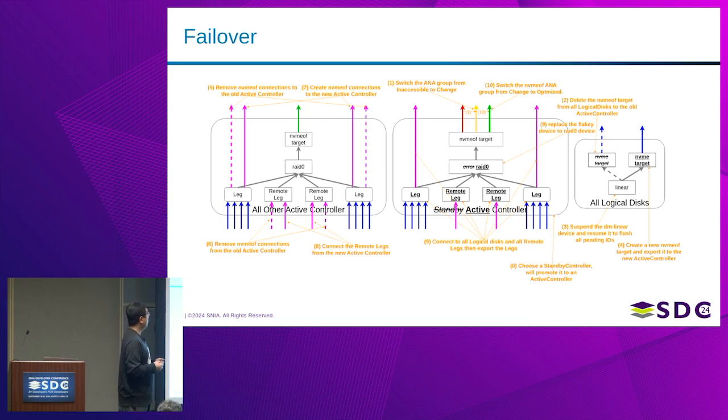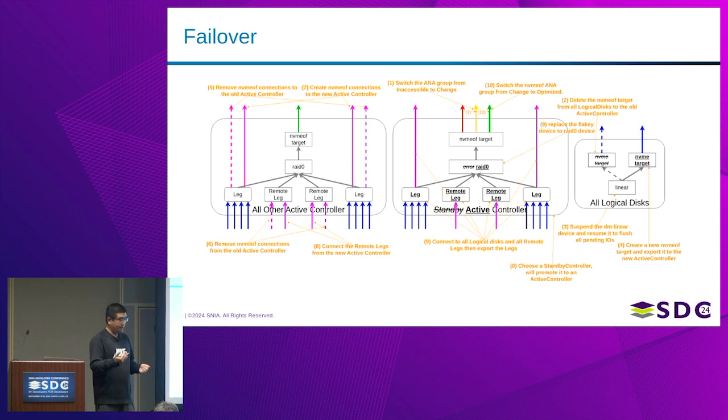So for the ANA group, we mentioned three states: inaccessible, change, and optimized. All of them are terms defined in the NVMe spec. Typically, the I/O timeout should be more than 1 second, for example, 10 seconds.